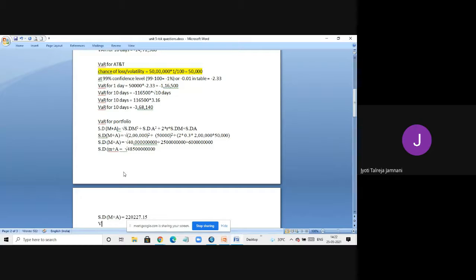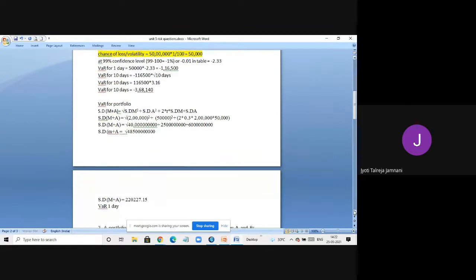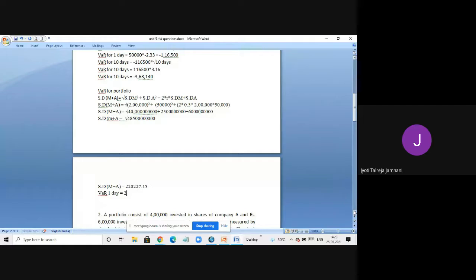We want to find value at risk for 1 day. So to find the value at risk, what we do? We take the loss and multiply it with the table value. So loss 2,20,227.15 into the table value at 99% confidence level was minus 2.33. Value at risk for 1 day is equals to 2,20,227.15, so this is comma, not points, into minus 2.33.